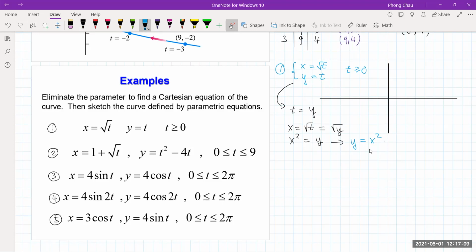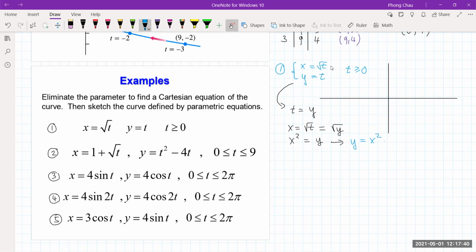Now, there's one thing I have to be careful about. For y equals x squared, we know that is a parabola, right? But then I noticed that because of t, there's a restriction for t. The restriction for t is that it has to be greater than 0. And then looking at x, x equals square root of t.